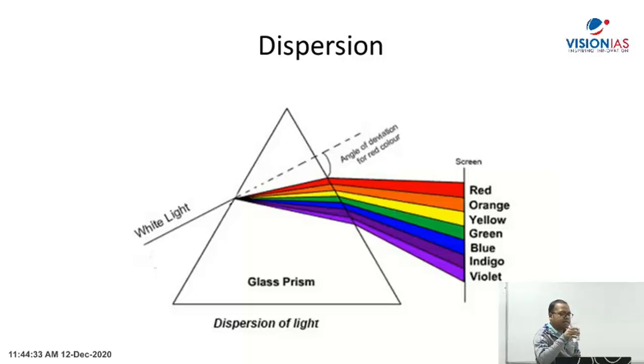When white light passes through a prism, it splits into 7 individual colors.